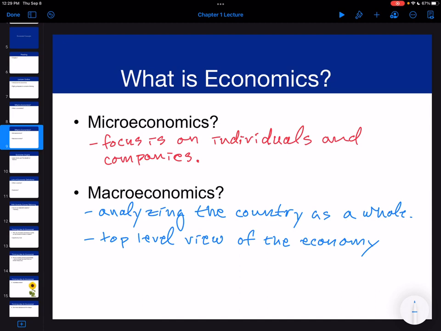So when we get to things like demand, instead of talking about demand for loofahs, in macroeconomics we're talking about demand for all goods and services in a particular economy. So macroeconomics is really where we aggregate everything together. Our focus in the first half of this course is going to be on microeconomics. Focus in the second half is going to be macroeconomics.